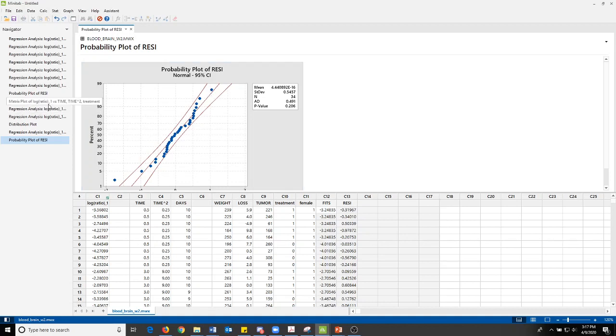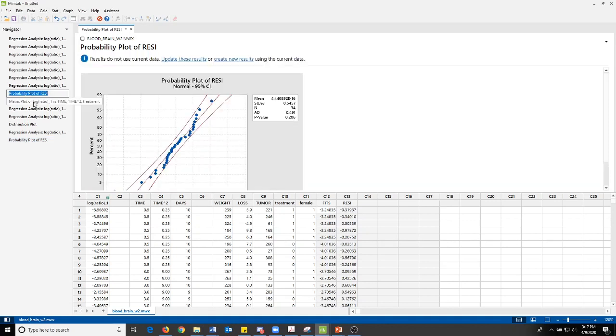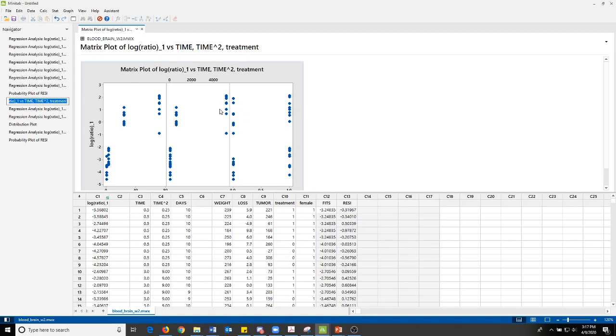Let's do a matrix plot. Here's my probability plot, and here's a plot that I don't want.